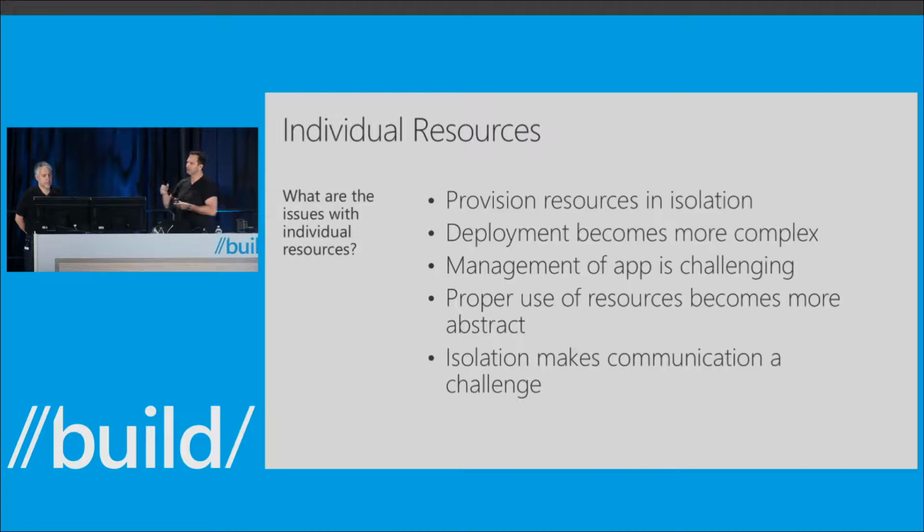You actually have to provision all the resources individually, right? So think about you're going to provision your application server individually. You change some endpoints and things like that, and your web server doesn't know about it. So it gets you in a lot of trouble there. So management of this resource is really challenging, and we've heard that from customers over and over again.